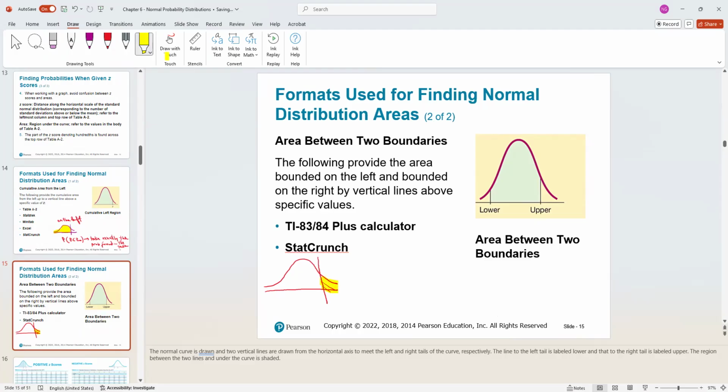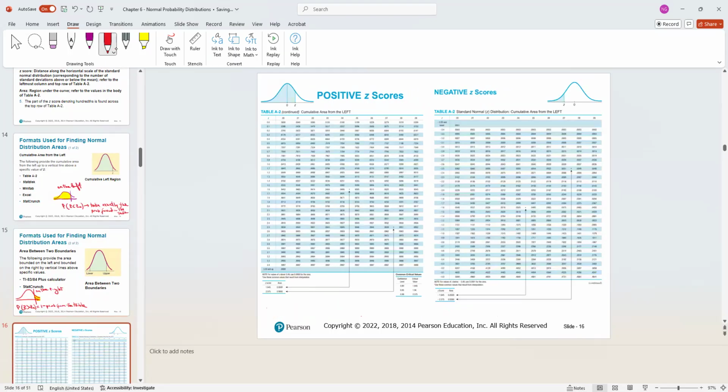If you're interested in this area, on the right, the probability that Z is on the right of Z naught would be 1 minus the probability from the table. And between, we subtract the largest from the smallest, all right? So that's what we're going to do, but this is our tables.